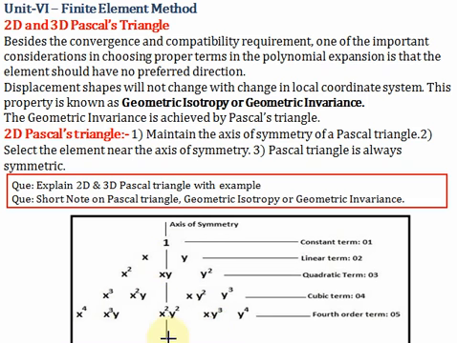When you are using the Pascal triangle, you have to maintain the axis of symmetry of the Pascal triangle. For that, select the terms nearer to the axis of symmetry.